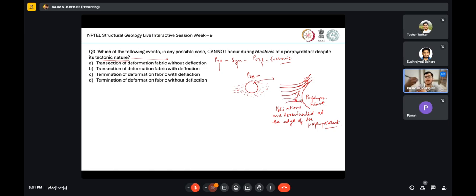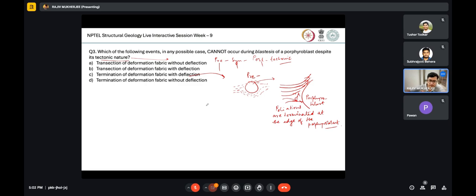That's how foliations wrap around a blast, right? So pre-kinematic fabric would terminate at the edge of the porphyroblast, but it would also deflect. The question says, which cannot possibly occur during blastesis. So termination of deformation fabric with deflection can occur during pre-tectonic blastesis, right?